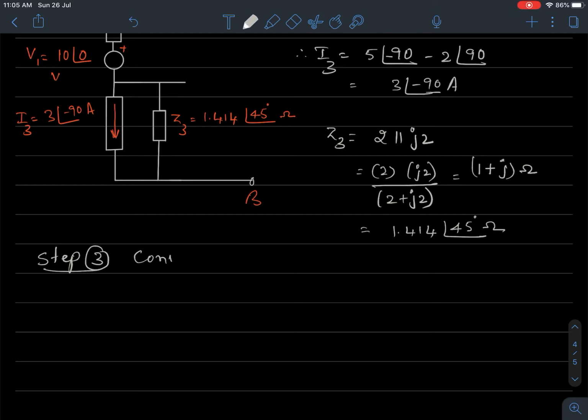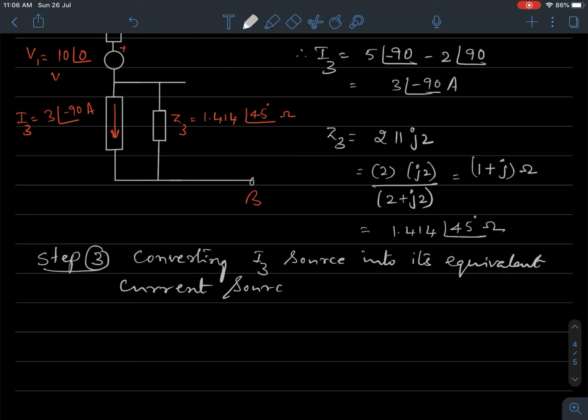Step 3 is, now we will try converting the I3 source into its equivalent current source and rewriting the network. What do we get?